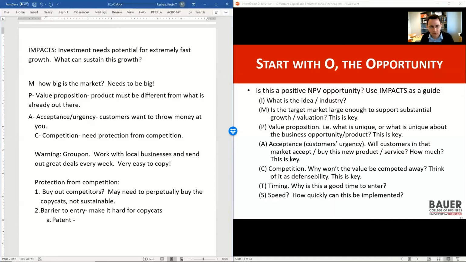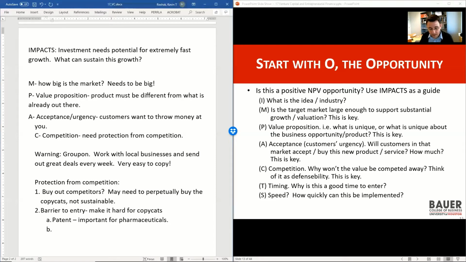So this is important for pharmaceuticals. It's used some in tech, but it's definitely important for pharmaceuticals. It's great if you have it, but it's kind of industry specific whether a patent will prevent copycats.